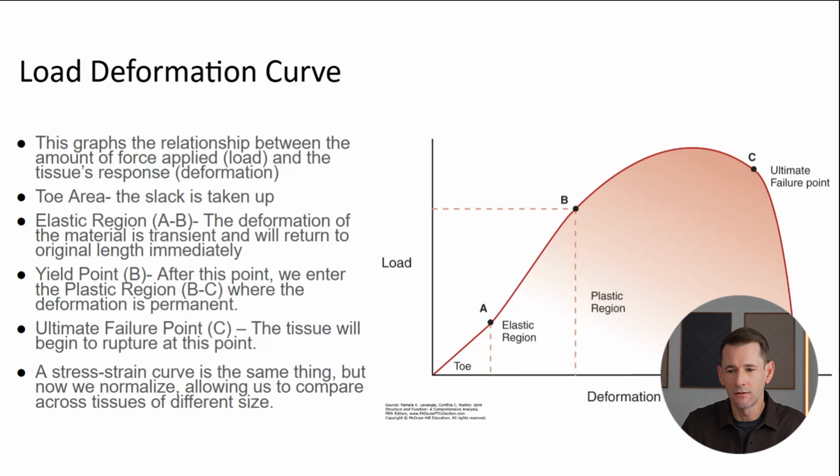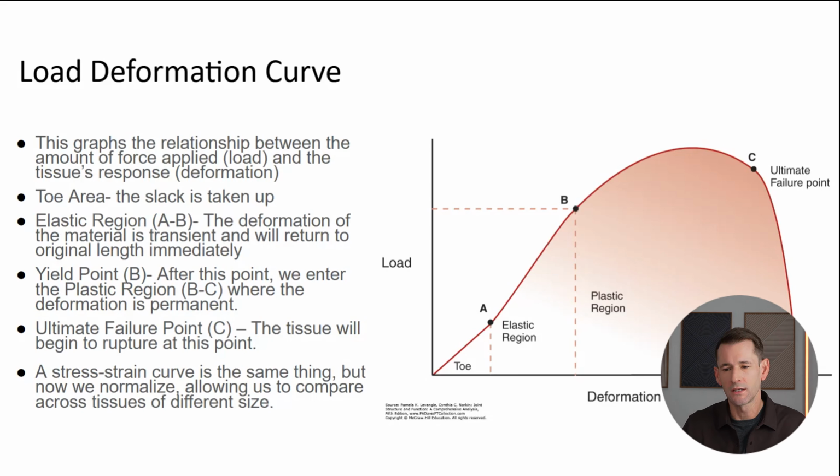The next region is our elastic region. In the elastic region, when I load that tendon or that ligament, and then I unload it, the deformation, or that change in length, goes back to its original length. So think about a rubber band, which is elastic. If I pull a rubber band out and I release that tension on it, it comes back to its original length.